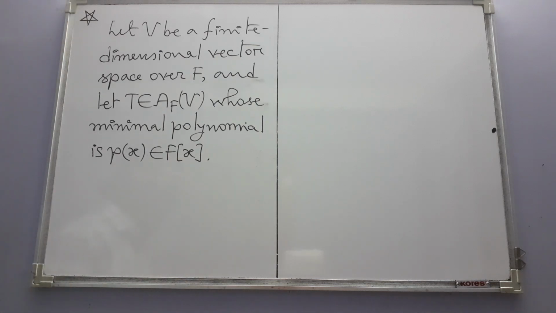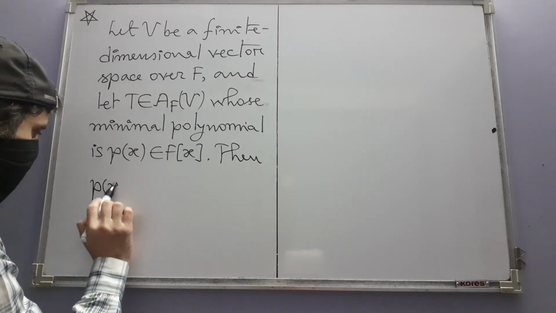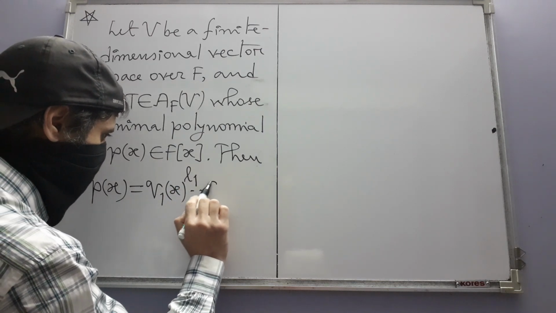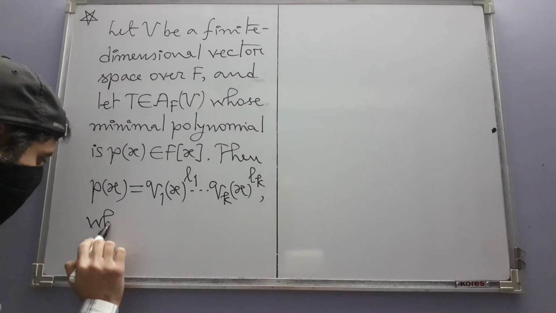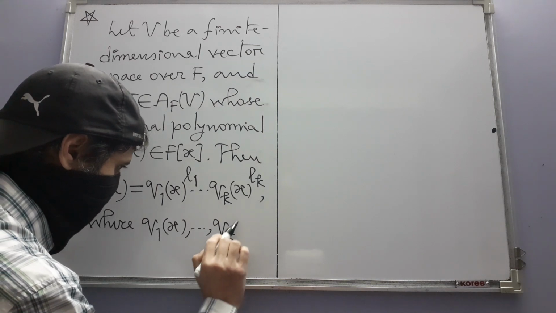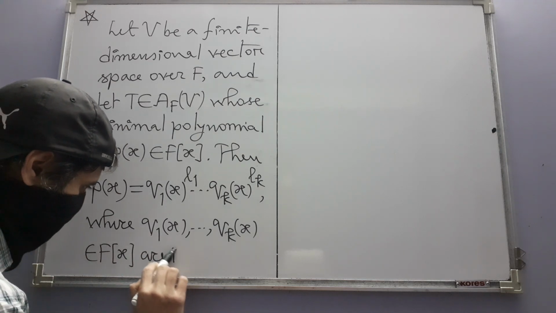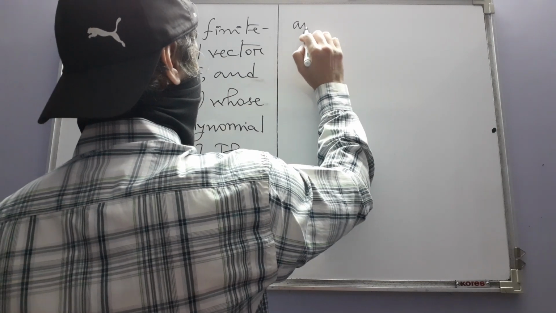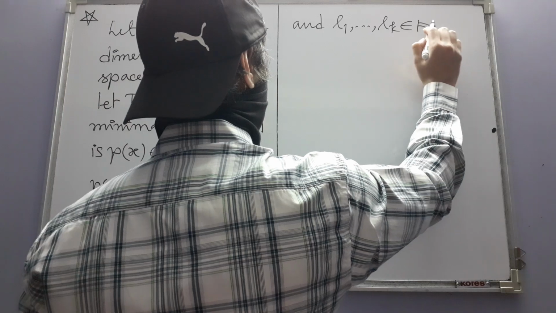So that's how we got a factorization of P of x. Then P of x can be factorized like this, up to Q_k to the power L_k, where these Q_i's are elements in F[x] and they are irreducible, and the L_i's are positive integers, natural numbers.